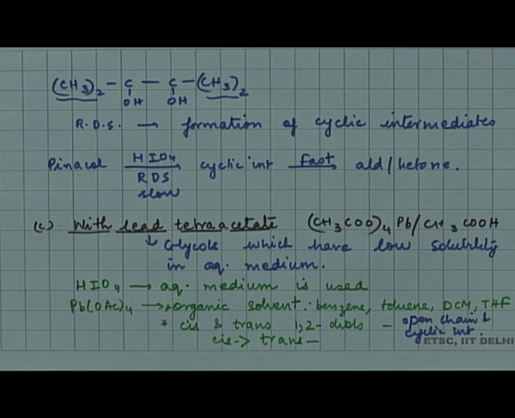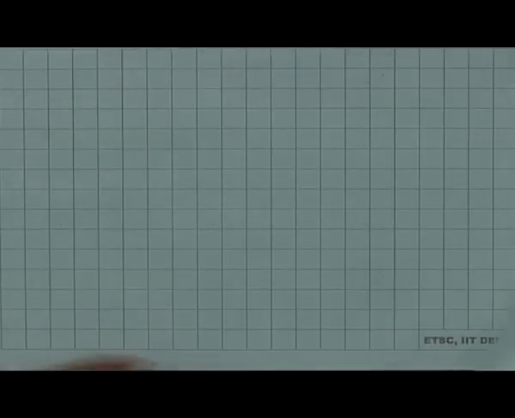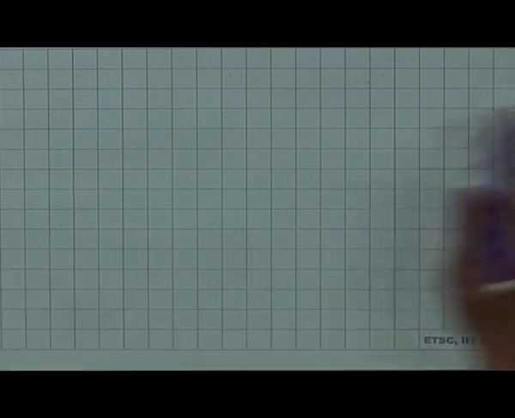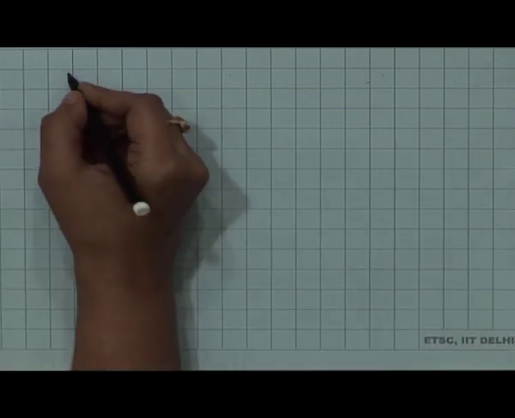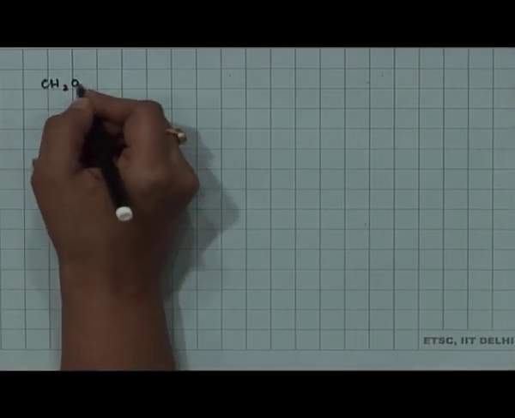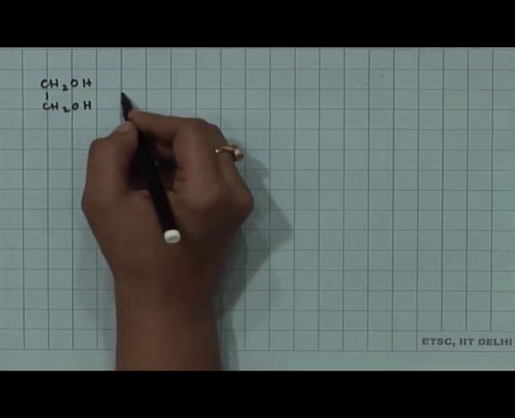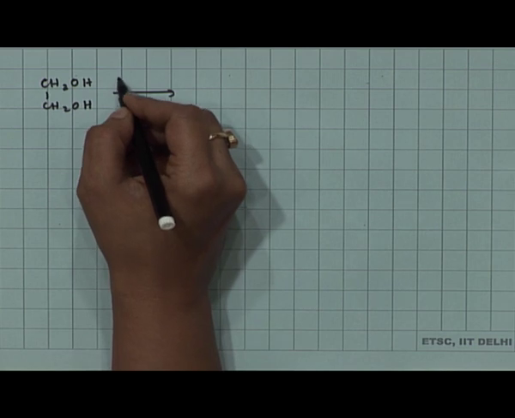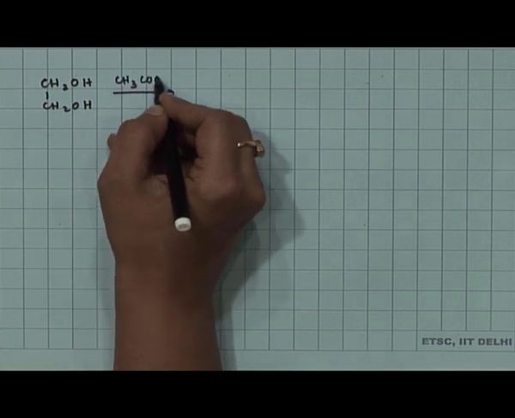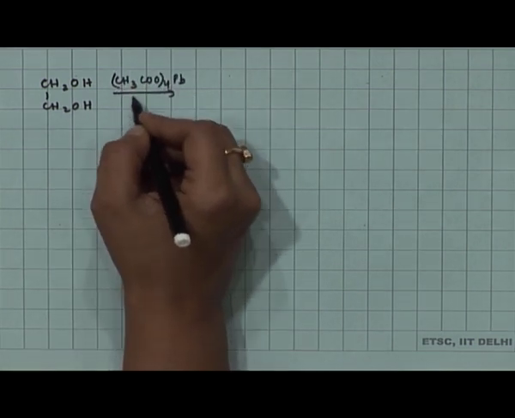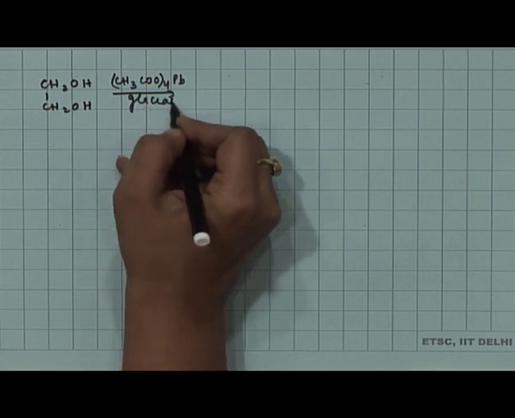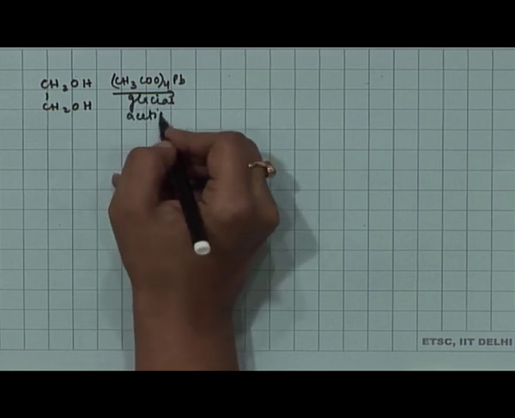So, let us look at one of the examples of lead tetraacetate oxidation of glycols and the products it yields. You treat this glycol with lead tetraacetate in glacial acetic acid.